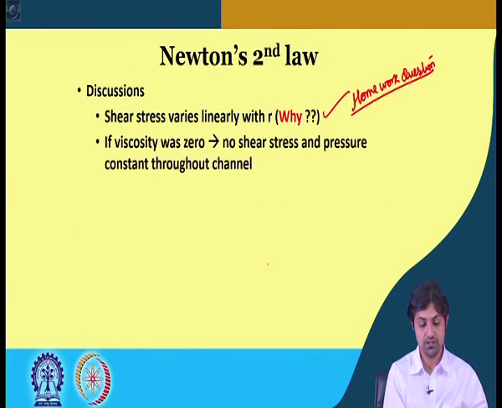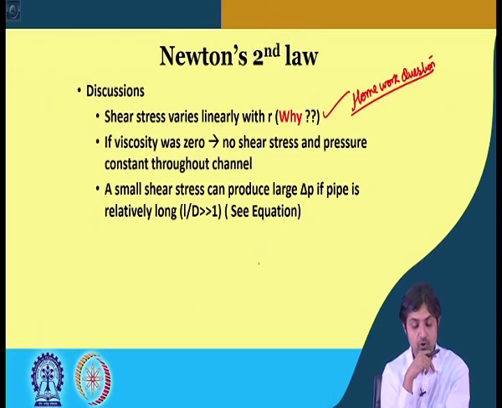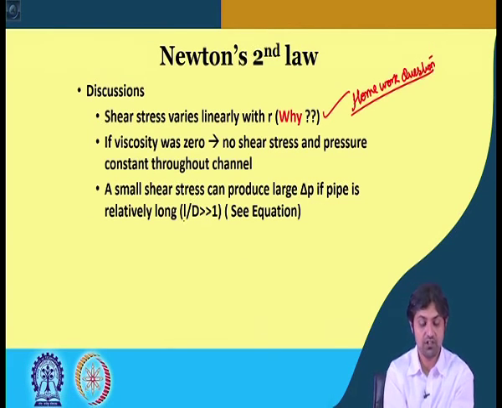See this equation and see our conclusion, that a small shear stress can produce large delta P if the pipe is relatively long. So, if L by D is very much greater than 1, then even a small shear stress will produce large delta P.